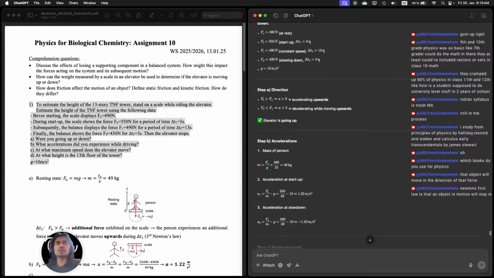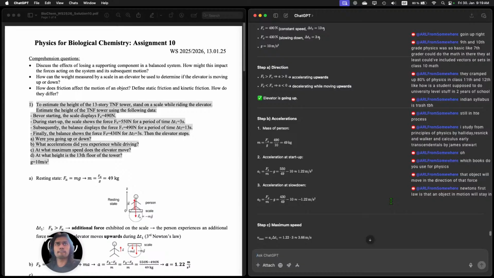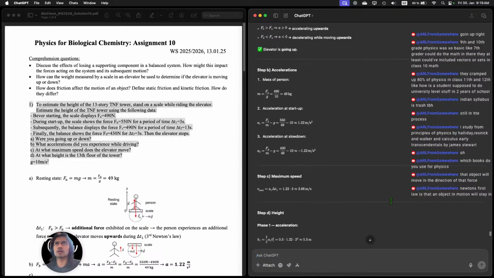You first calculate the mass, okay? Acceleration at the start. From the mass, you calculate the acceleration. Minus 10.